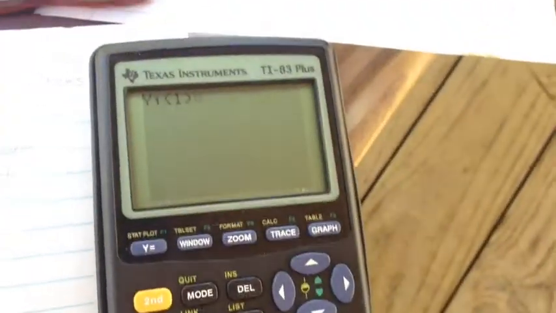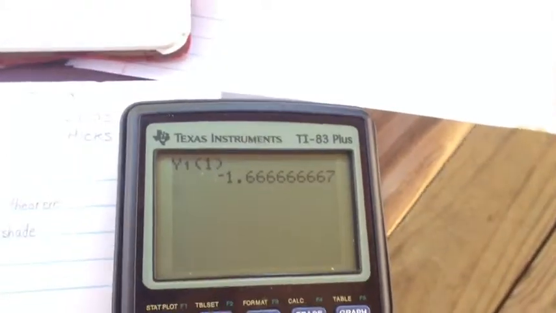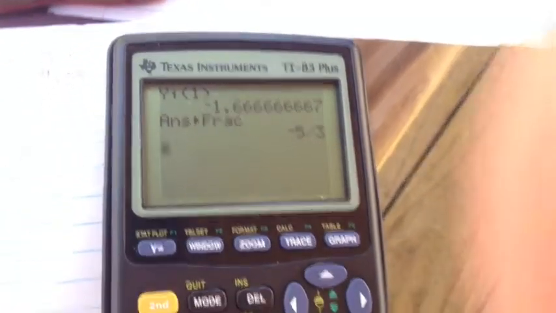There we go. And then hit enter, and then do math, enter, -5 over 3. So that gives you the same thing.